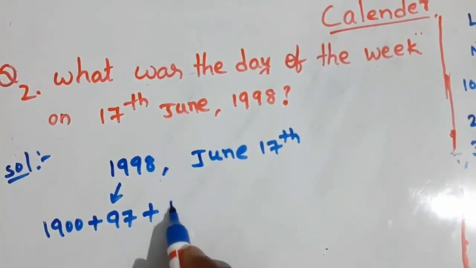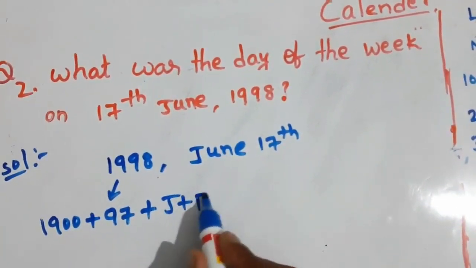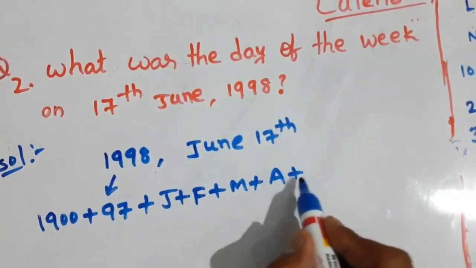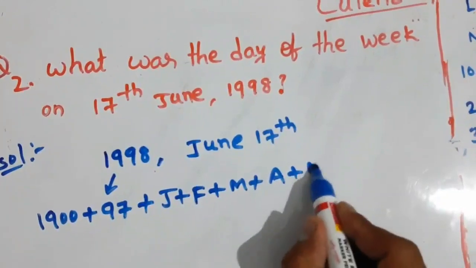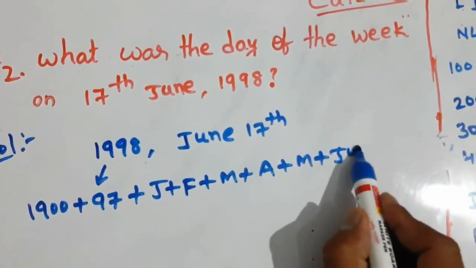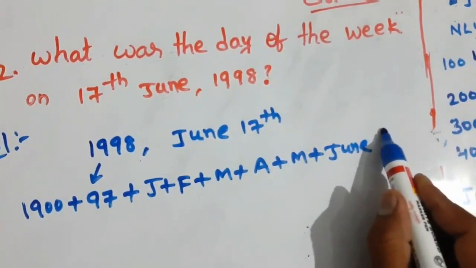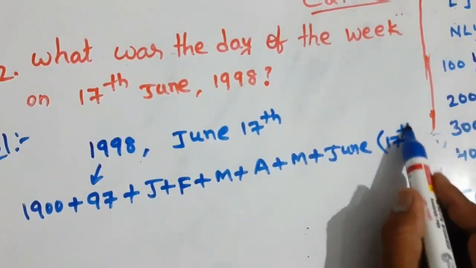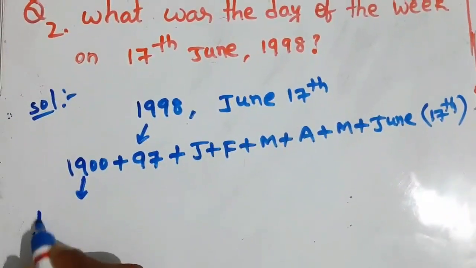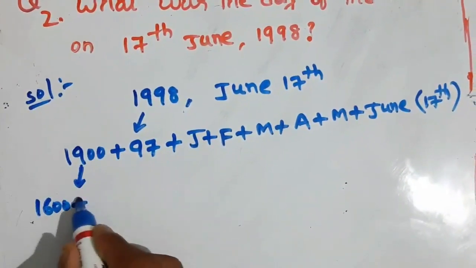In the 98th year, January, February, March, April and May are completed, and June till 17th. Now I can write 1900 as 1600 plus 300.